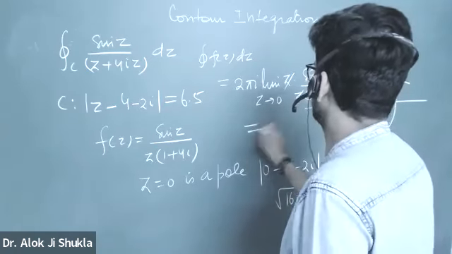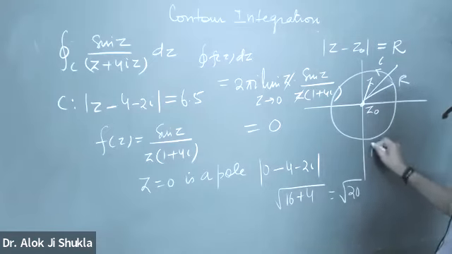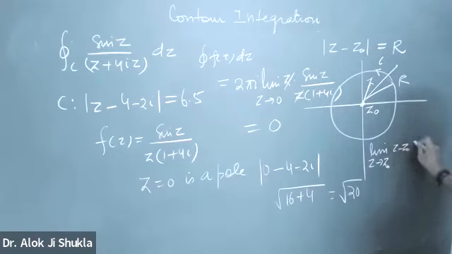So this will give you 0, because sin 0 is 0. So look, this is again a simple pole. What is residue at a simple pole? Limit z tending towards z0 of (z minus z0) into f of z.